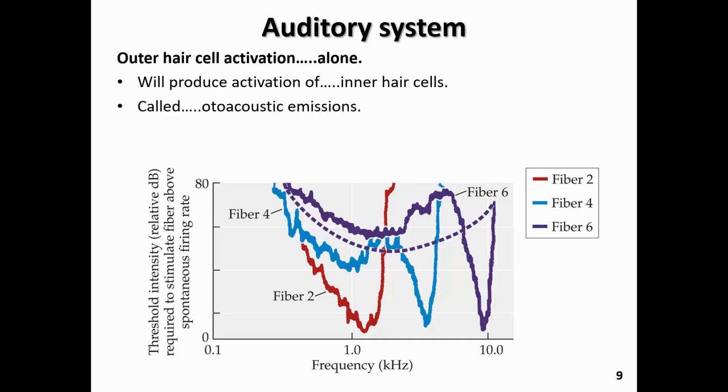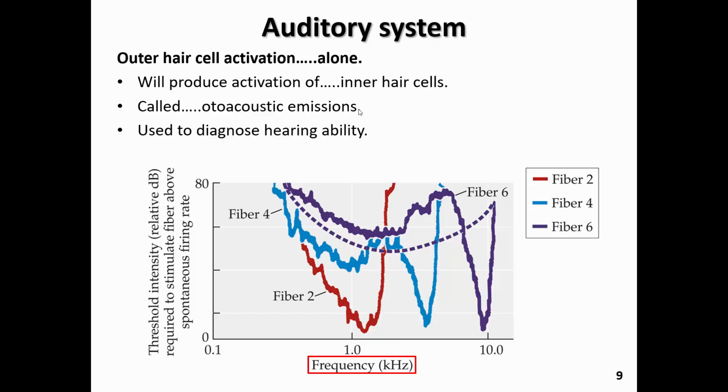That will actually cause an action potential of the inner hair cells, and that's called otoacoustic emission. The otoacoustic emission is where the external hair cell contraction will immediately discharge action potentials. And this technique is often used to diagnose hearing ability.